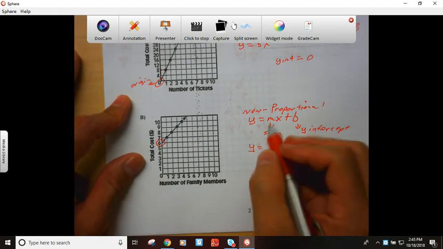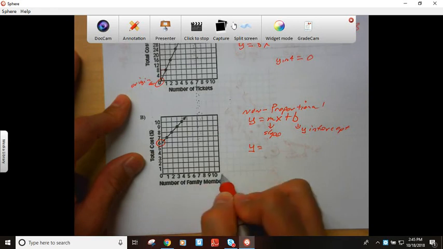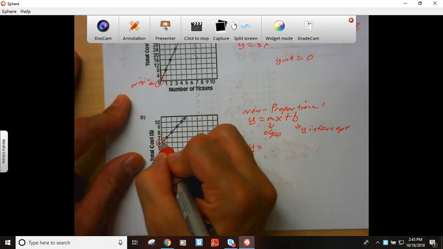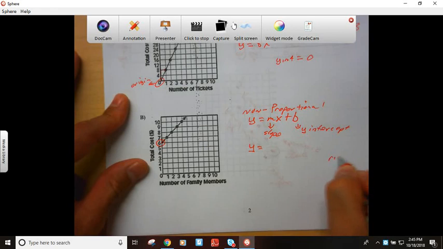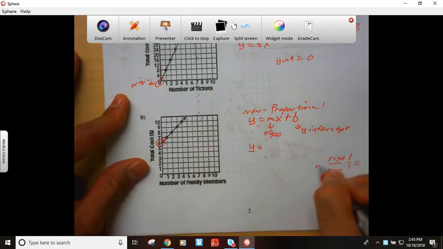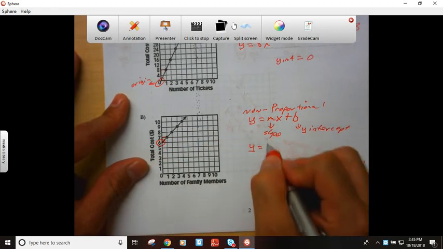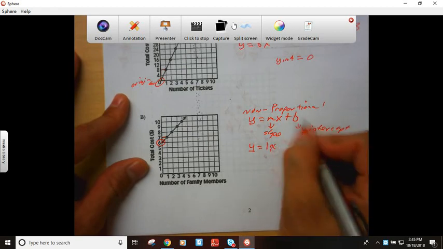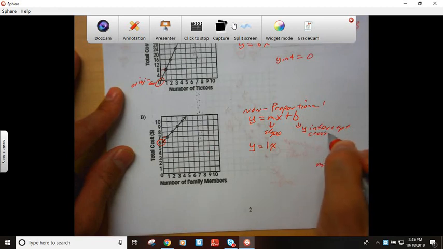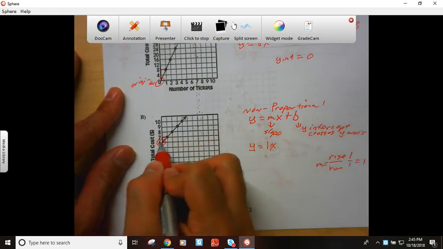So we start filling in our data. The slope, I look at my data, I'm counting by ones on the independent variable, I'm counting by ones on my dependent variable. So now I pick 2 points, and I'm rising 1, and I am running over 1 also. So that means my slope is 1. So I have 1 times x. B is my y-intercept, where it crosses the y-axis, and it's crossing the y-axis right here at 6.